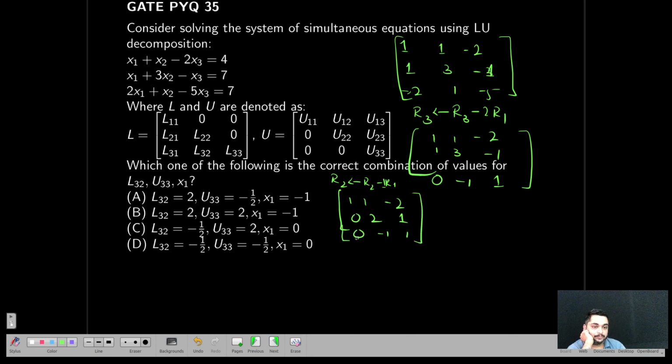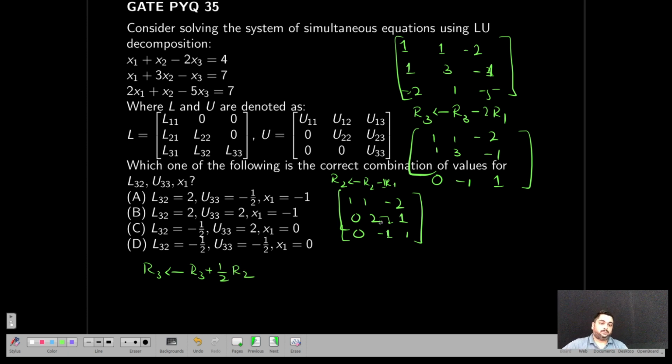Now I want to make this also 0, right? How will I make it? If I add this, so how will I add? R3 is R3 plus 1 by 2 R2, right?